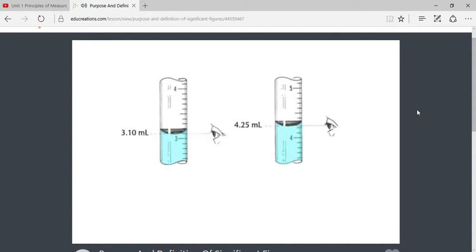Therefore, the certainty is in the tenths place, which means the estimated value should be one digit beyond that in the hundredths place. This is why the users have recorded 3.10 for the cylinder on the left, and for the cylinder on the right, they have recorded 4.25. Each of these measurements include 3 significant figures.